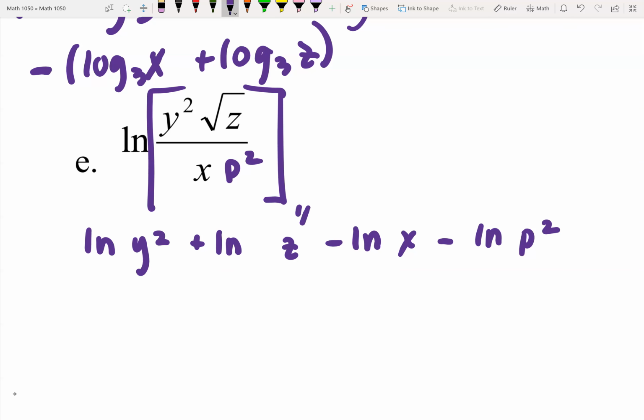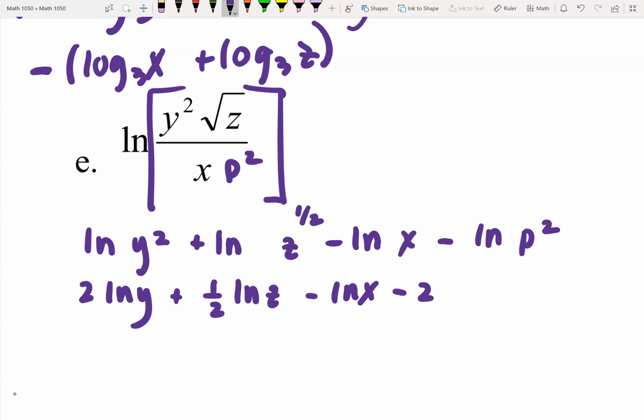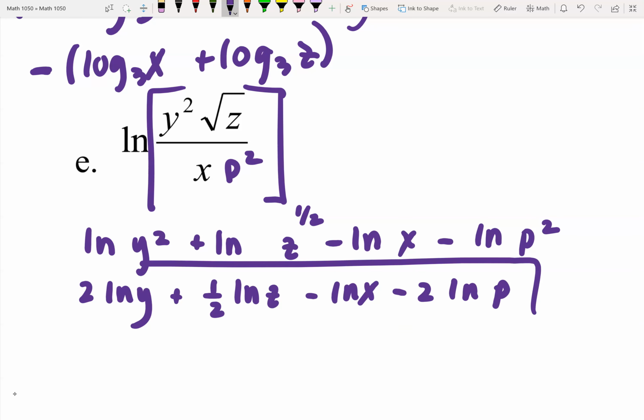That'll save us a little bit of time. What do I do now? Everybody talk to me. Pull your exponents down. So you have 2 ln y plus 1/2 ln z minus ln x minus 2 ln p. There's my answer. Done.